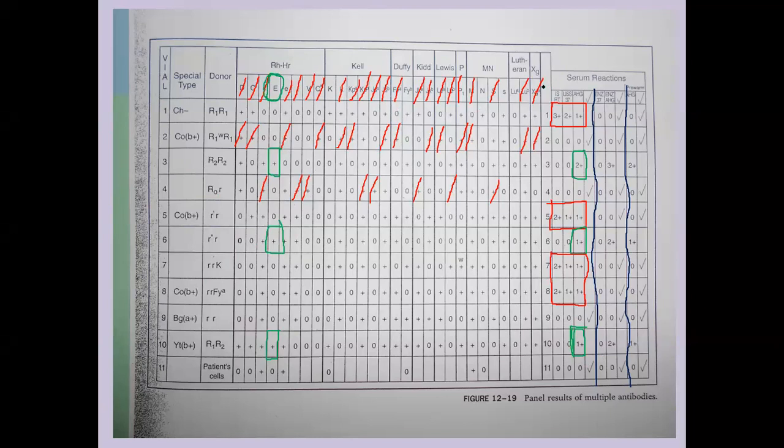So we're going to move on, and we need to look at the other specificities that we were not able to eliminate. So the next one we have is big K. All right, so big K is here. There was reaction there. Negative there. Negative, well, some of them fit and some of them don't, but I don't really think we can say that big K isn't there, even though it doesn't perfectly match a pattern.